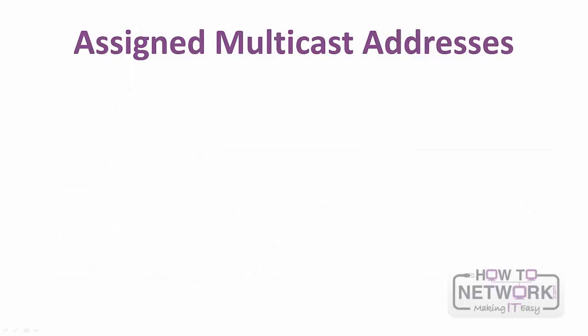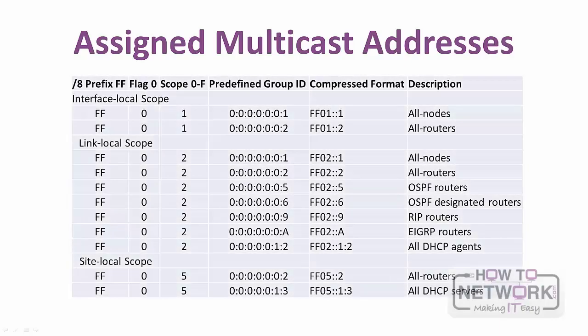Assigned multicast addresses are reserved multicast addresses for predefined groups of devices. They have a prefix of FF00::/8. The following table shows the format and some examples of assigned or well-known multicast addresses.